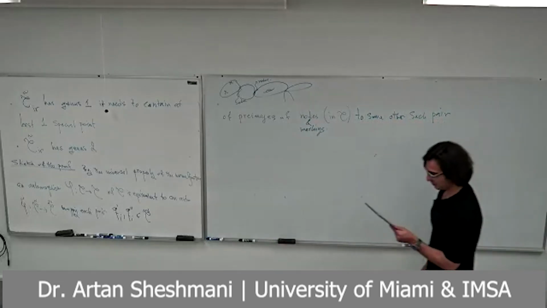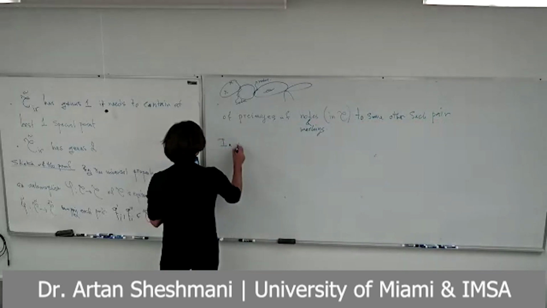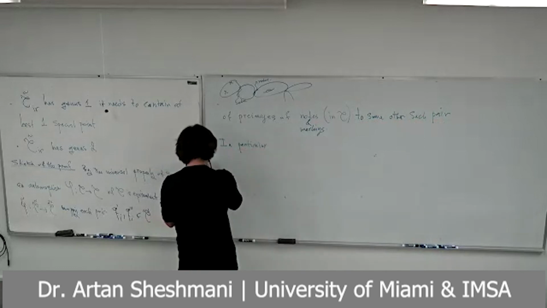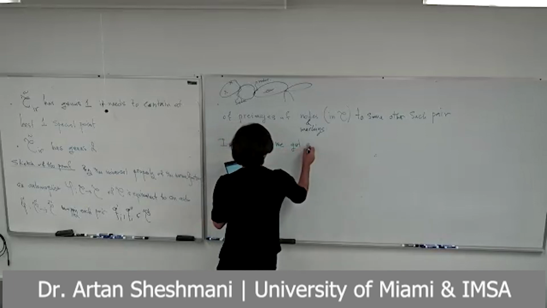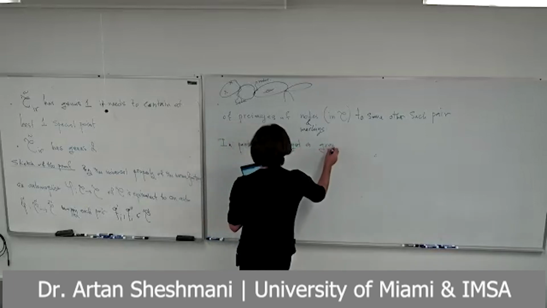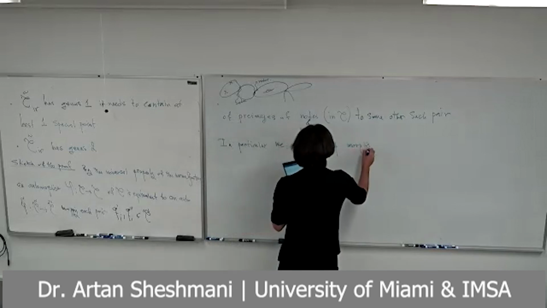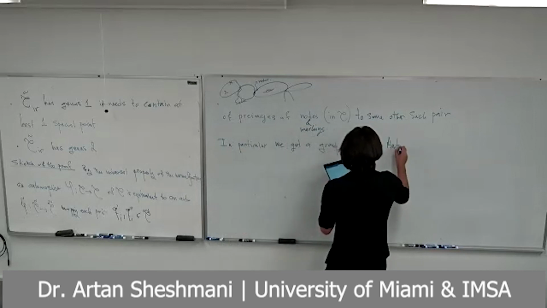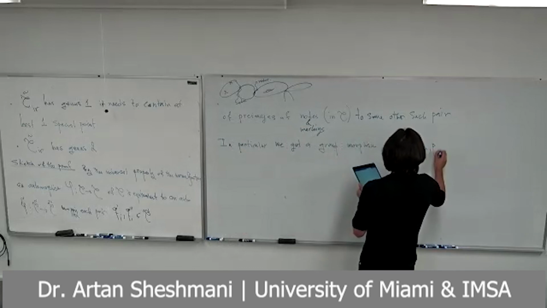Okay, some other such pair. In particular, we get a map. We get a group morphism, automorphism of C, together with n markings on it.